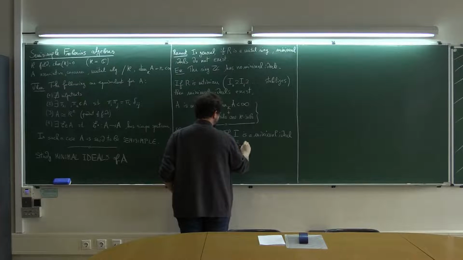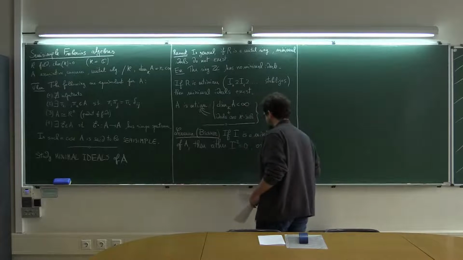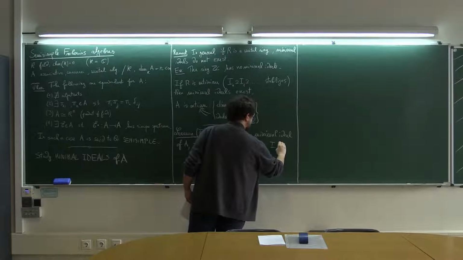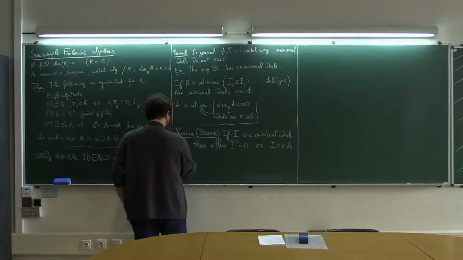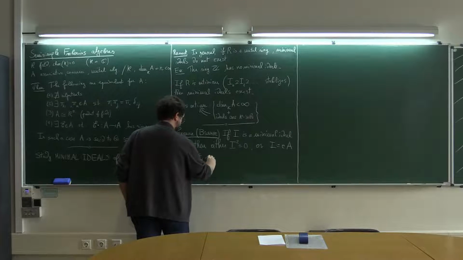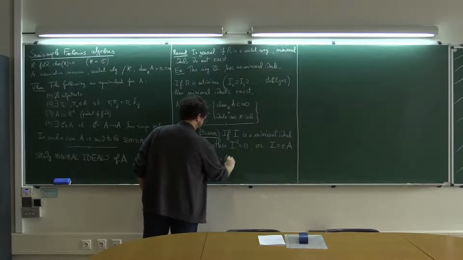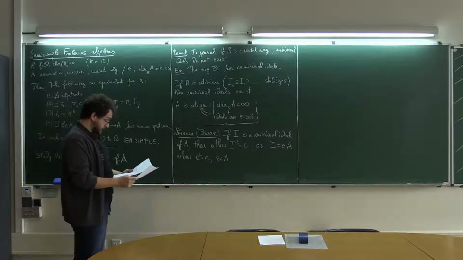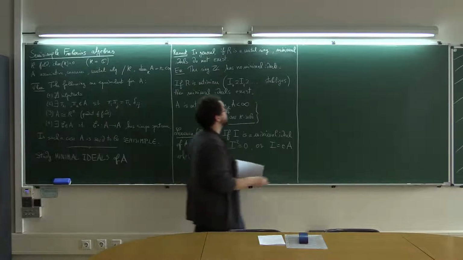Either I squared equals 0, or I is the ideal generated by an idempotent element, by an idempotent element of the algebra A. How to prove this?